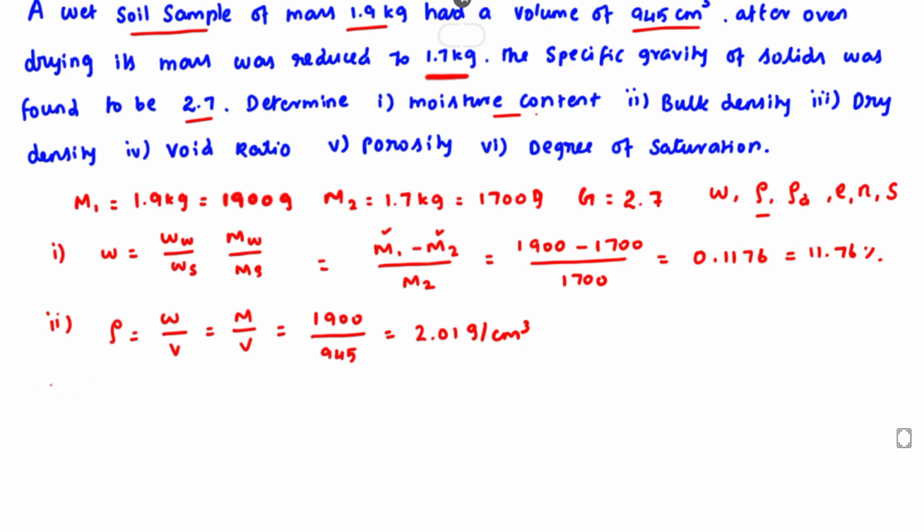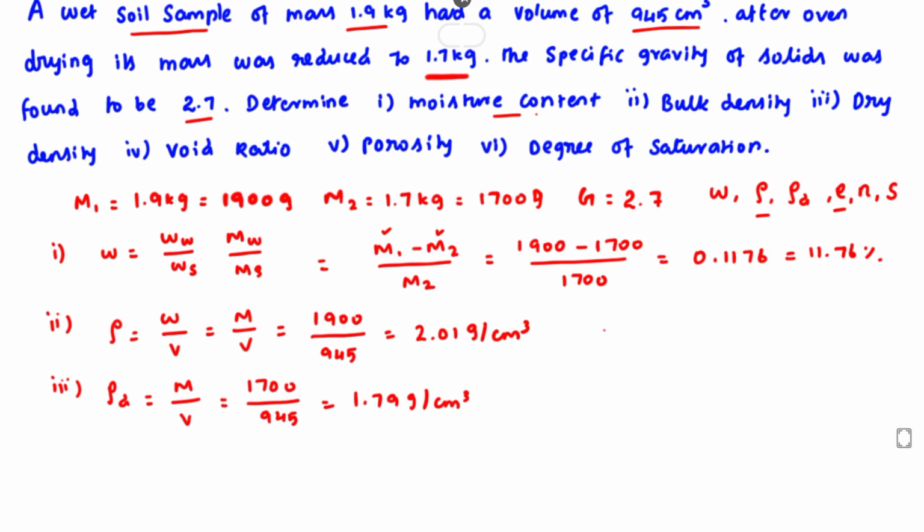Next, third thing, we can find out the rho D, the dry mass divided by volume. Dry mass is 1700 divided by volume 945, so that is equal to 1.79 gram per centimeter cube. Next we can find out the E, that is void ratio.